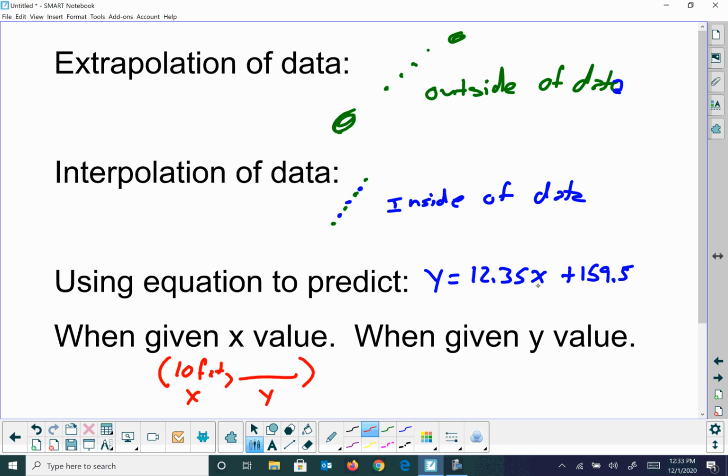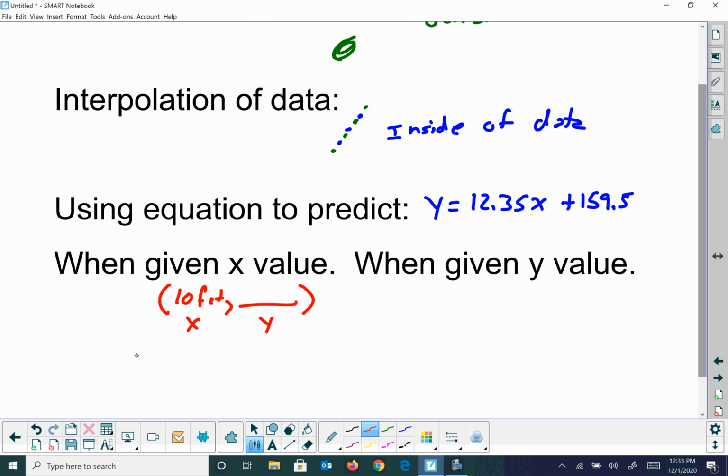So I'm going to plug 10 into the equation. I get y equals 12.35 times 10, because it was an x value, plus 159.5. And again, you want to use your calculator for this, okay? So 12.35 times 10 plus 159.5 gives me an answer of 283.